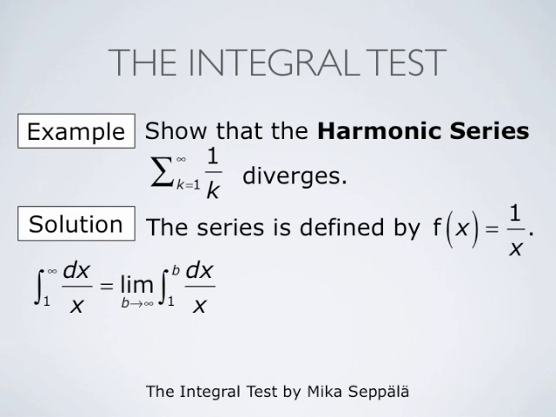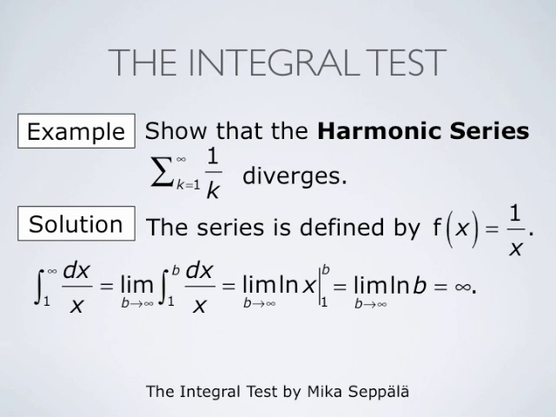Now this integral from 1 to b dx over x is easy to compute. It is substitution to log of x from 1 to b. Therefore, the improper integral from 1 to the infinity dx divided by x is limit as b goes to the infinity, substitution to log of x from 1 to b. This substitution gives log of b, because log of 1 is 0.